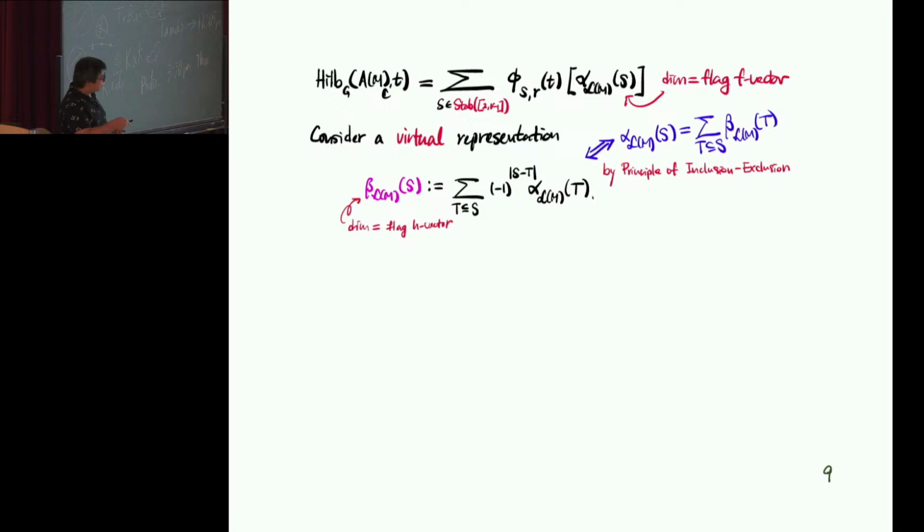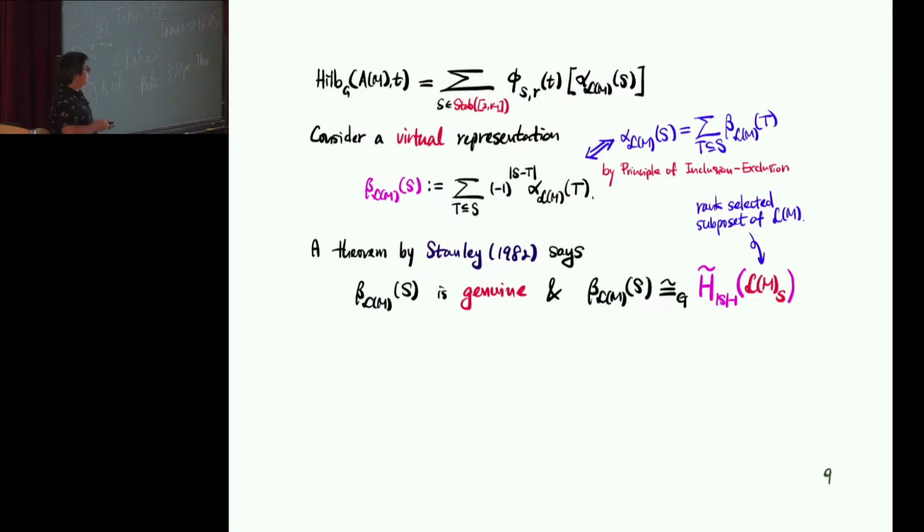And by the principle of inclusion-exclusion, the permutation representation can be rewritten as a sum of these beta for all the subsets in S. And a theorem by Stanley says that these virtual representations are actually genuine, and isomorphic to the top reduced homology of some subposet of the lattice of flats.